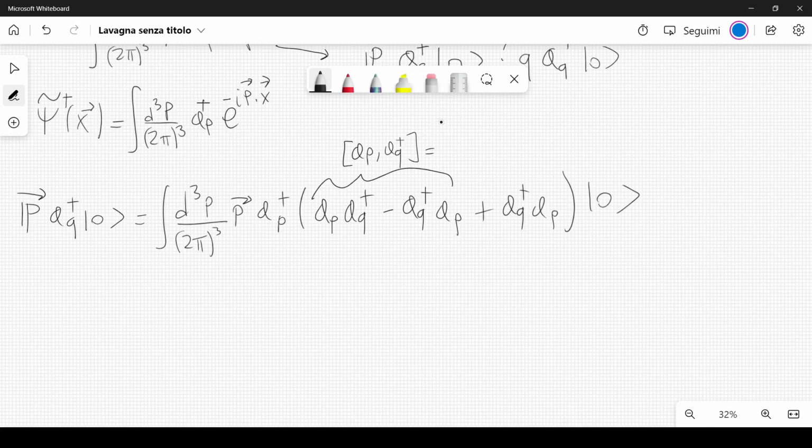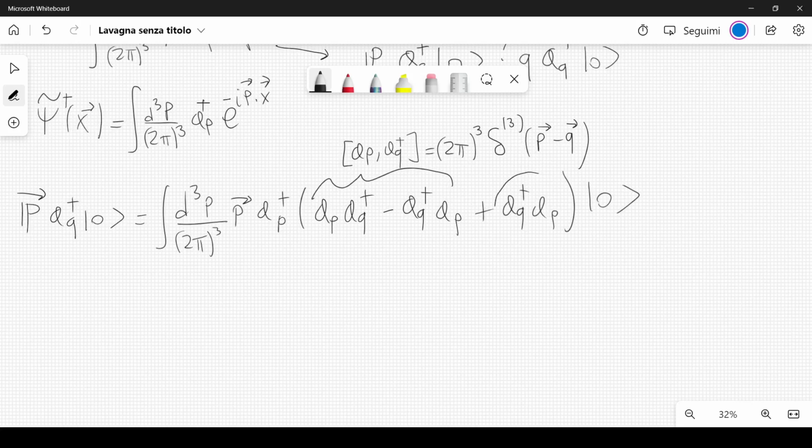But I want to show it later for the sake of convenience. This is equal to (2π)³ and then here we have the three-dimensional Dirac delta, δ³(p − q). I will show it later, as I said, but for now, let's take this for granted.